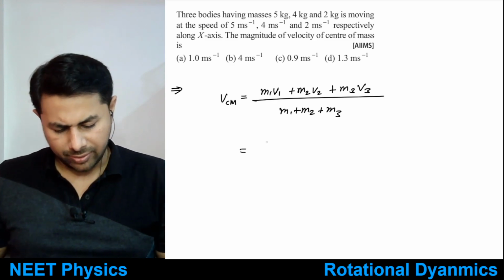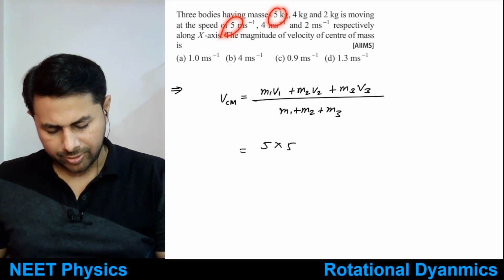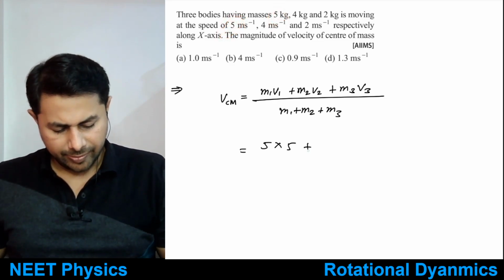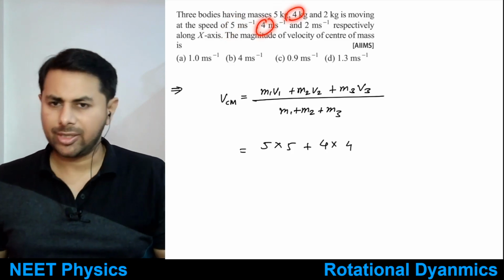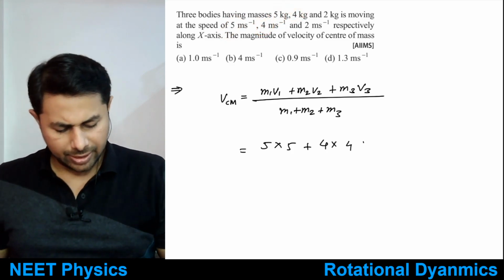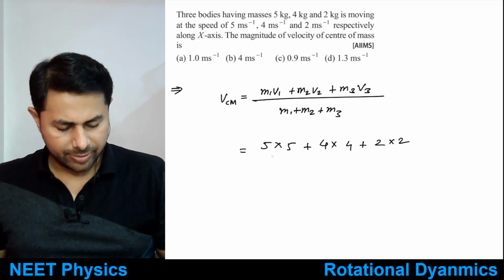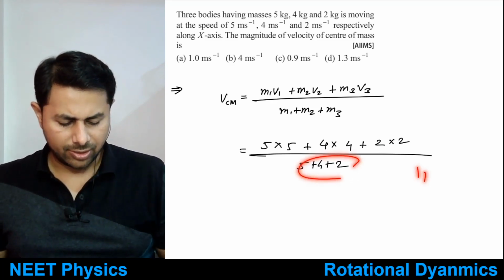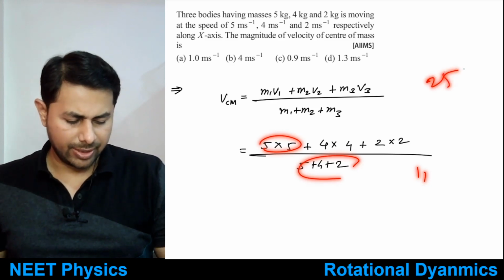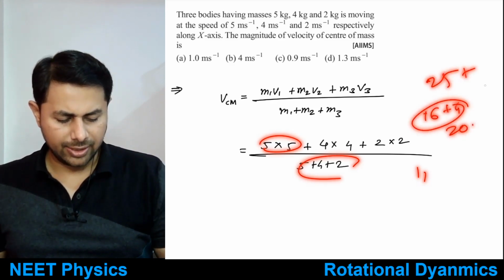That's equal to 5 times 5, since the first one with mass 5 moves with 5 meters per second, plus 4 times 4, since the second one having mass 4 moves with 4 meters per second, plus 2 times 2, since the third one having mass 2 kg moves with 2 meters per second, and in the denominator you have 5 plus 4 plus 2. That is 11 in the denominator, and the numerator is 25 plus 16 plus 4, that is 45.